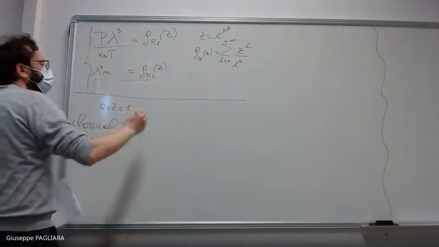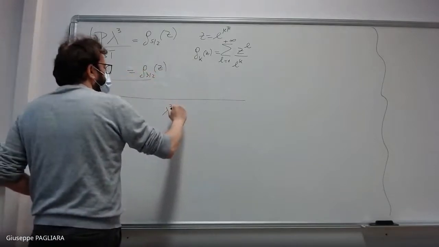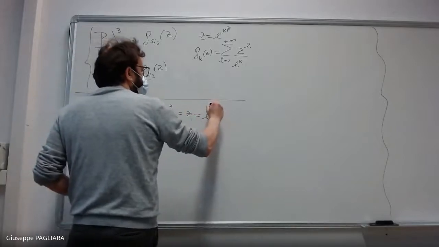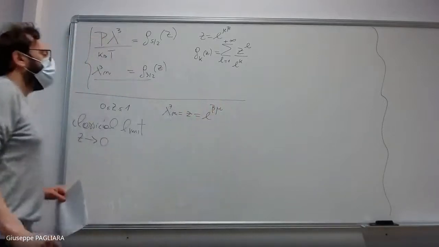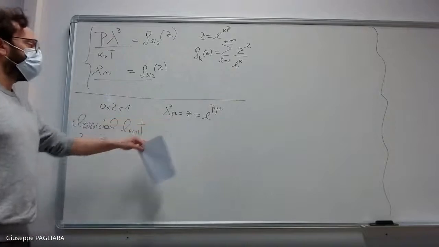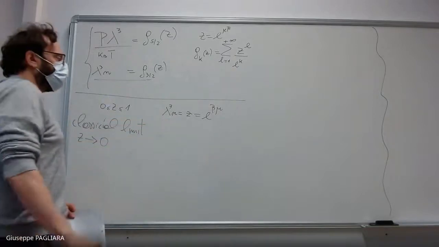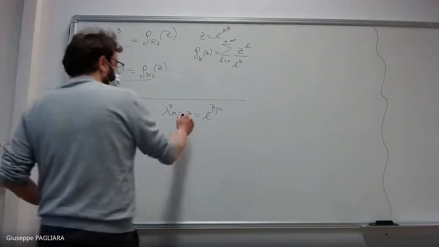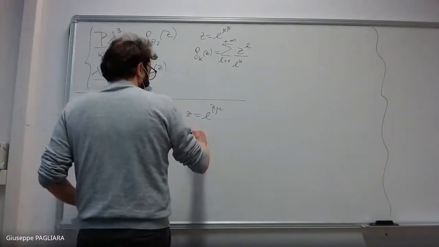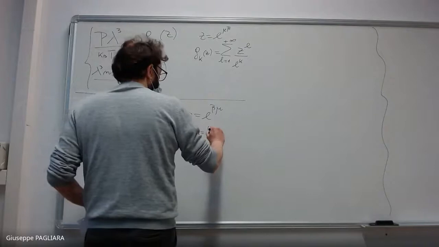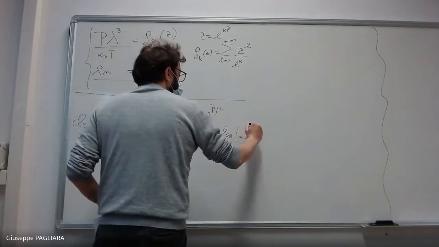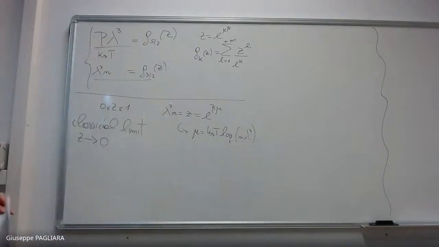I see that lambda cubed n is equal to z, but z is equal to e to the beta mu. This is just the equation for the chemical potential that we saw, I think, in the microcanonical ensemble. So this provides me that mu is kBT logarithm of n lambda cubed.